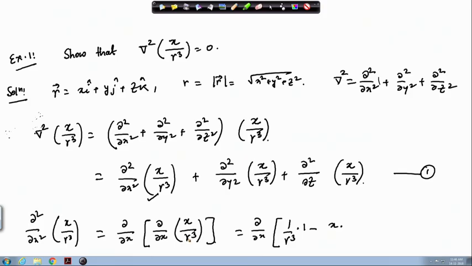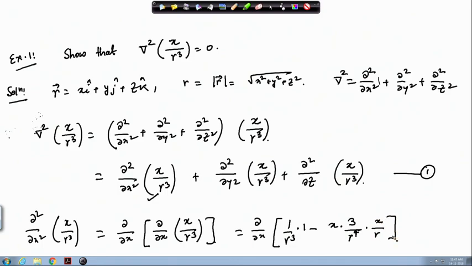This will be minus 3 by r to the power 4, because the minus comes at the front and it becomes r to the power minus 3 minus 1, and then the derivative of r, which is x by r.